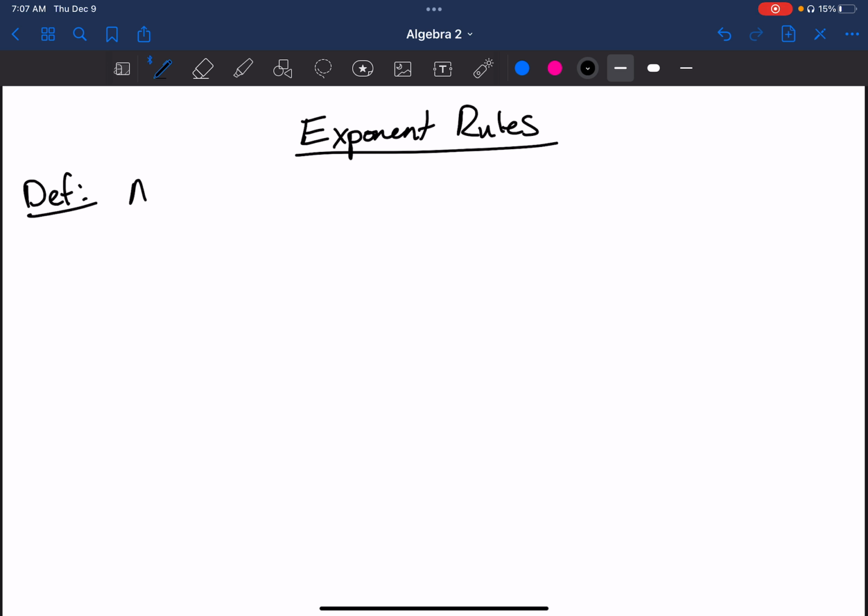Definition. An exponent or power. These are synonyms.